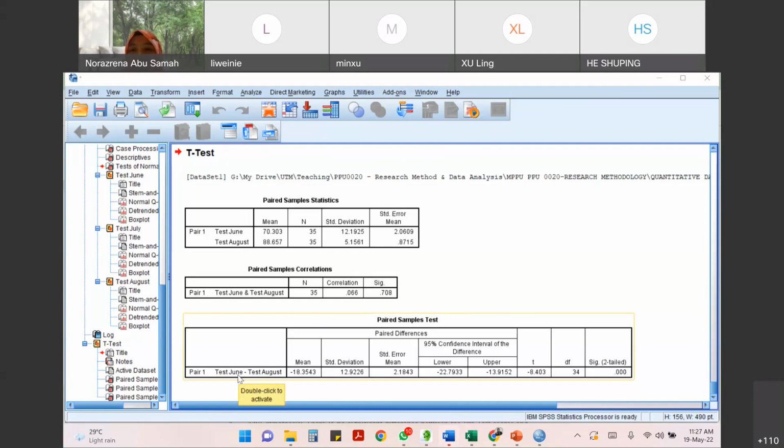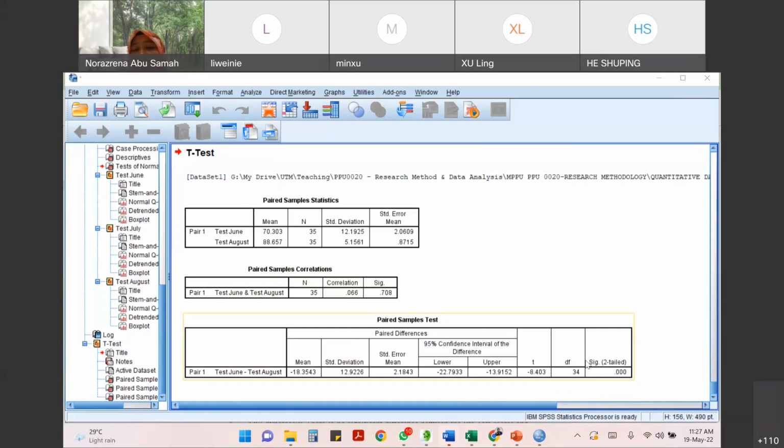That's how. But if you arrange the test here as test August minus test June, you will get a positive value here. This will be positive, positive, and positive. That's the only difference. No worries about this. Sorry, the t is the same.